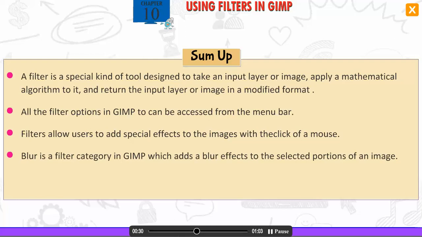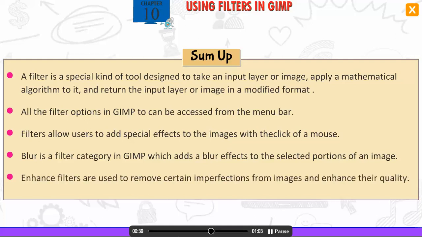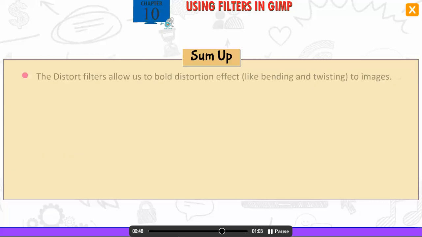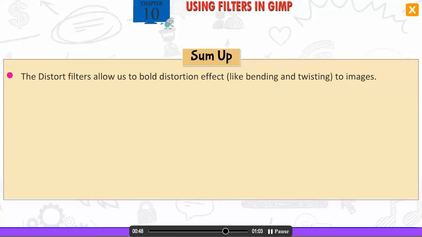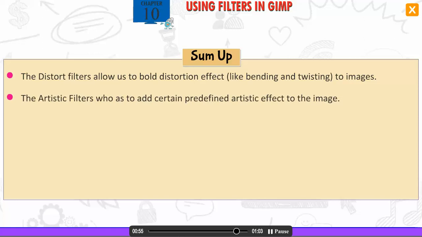Blur is a filter category in GIMP which adds blur effects to the selected portions of an image. Enhance filters are used to remove certain imperfections from images and enhance their quality. The distort filters allow us to add bold distortion effects like bending and twisting to images. The artistic filters help us to add certain predefined artistic effects to the image.